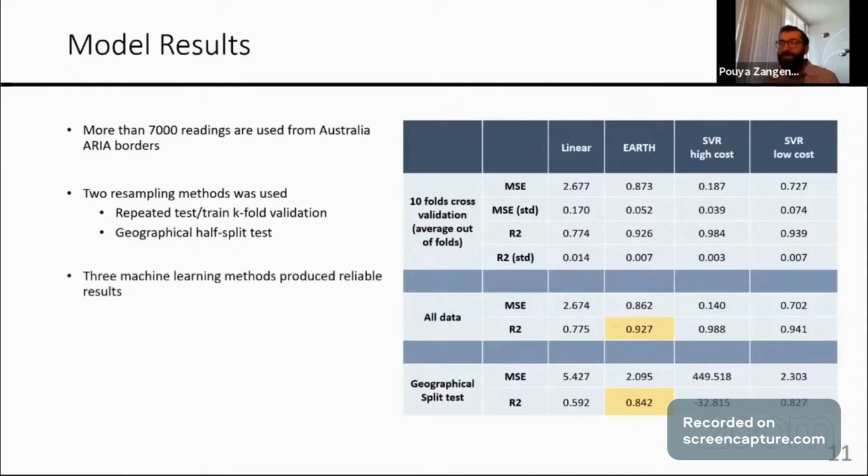We did different types of cross-validation, including a geographical half-split test, which means that we trained our model on the east side of Australia and tested it on the west side. With the geographical split test, we got a 0.84 coefficient of determination, which was quite surprising to us.